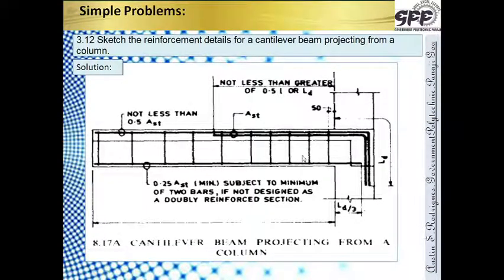Second thing to be noted is the steel provided down over here. It is 1/4 of the steel required in tension at the maximum point. So if the area of steel at the maximum point in tension is AST, then the steel provided for the compression portion is 1/4 of AST, and a minimum of 2 bars are to be provided.